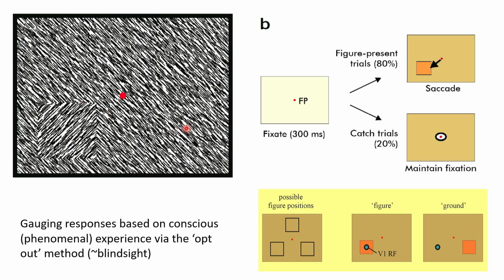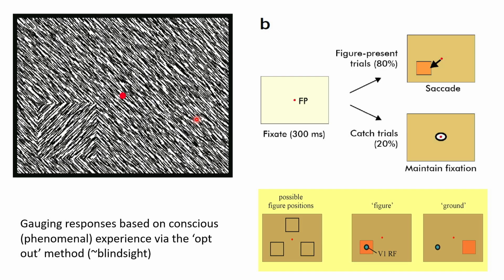And the monkeys were trained in those trials to maintain fixation to also get a reward. So normally when there would be a figure like this, and it could be in 3 different locations, they had to make an eye movement to it and then get a reward if they made that in time. But when there was a catch trial, so when there was no figure, they learned, okay, now I have to maintain fixation, indicating, well, there was no stimulus here. I didn't see anything there.